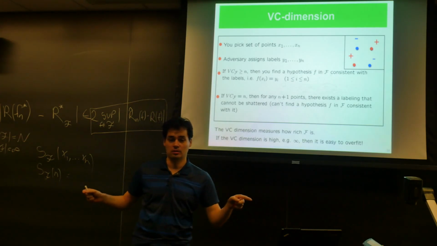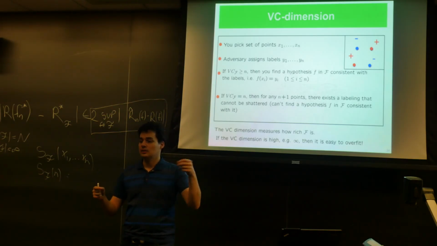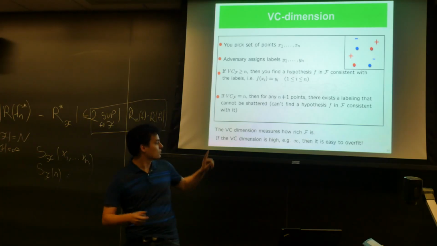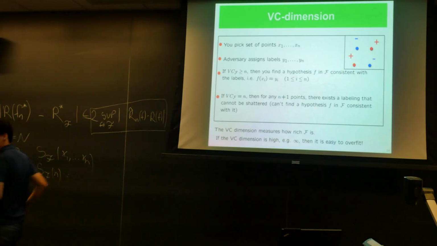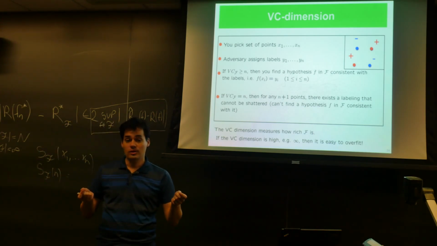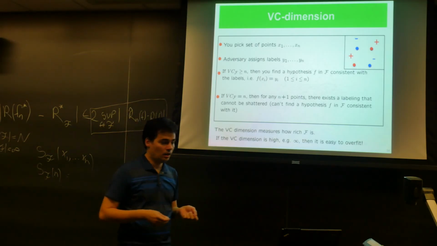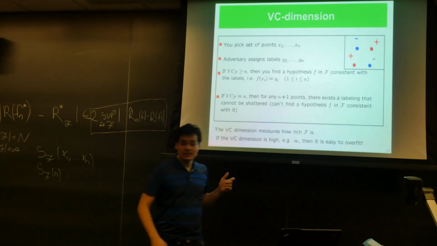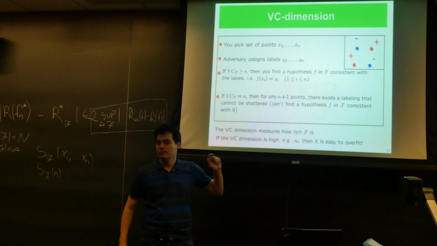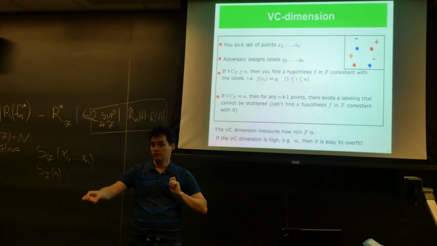Because if you have, say, n points, and the shattering coefficient is 2 to the n, it means that for any kind of labeling, you can find a classifier that would be able to solve that problem without error. So you can fit very complicated functions to those points. So in some sense, it means that you have to be careful to keep this VC dimension small, otherwise you might overfit.